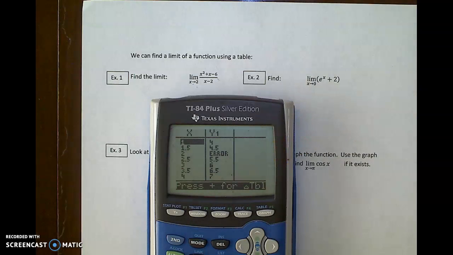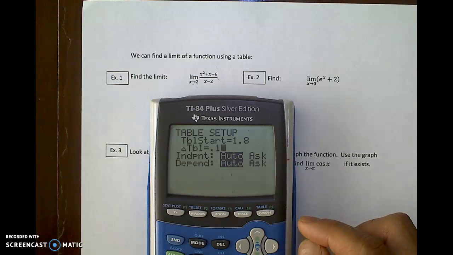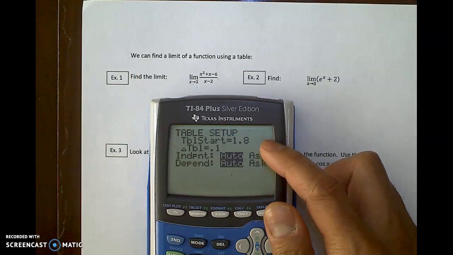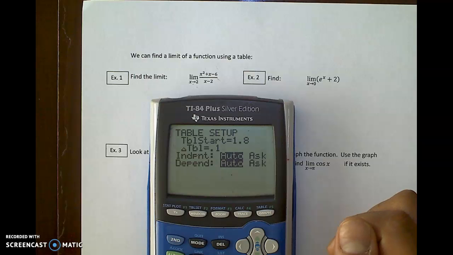So what we could do is go back to our second table set and change it up a little bit. Let's start our table at 1.8, and change our x value by 0.1. So we change where we're starting our table and how the x values are changing.